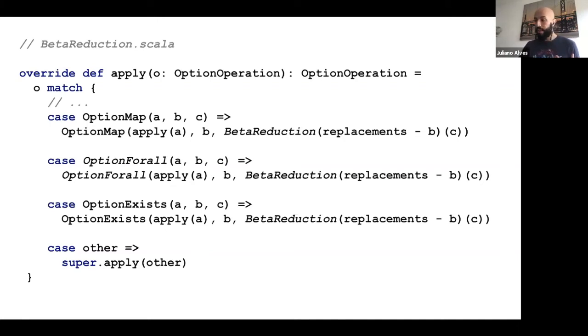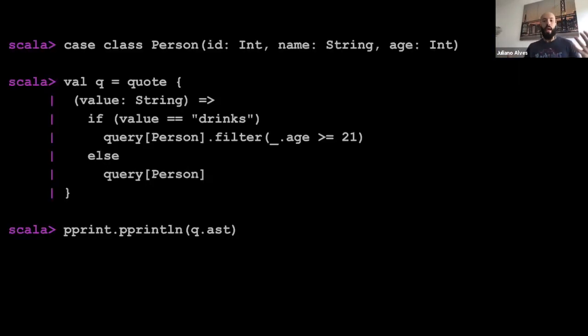And I needed to explain why I had to talk about beta reduction, because that is vital for the next and final and my favorite topic, optimizations. Okay, so let's look at this example here. We have this quote that's actually a function that takes a string, a very simplified quote.